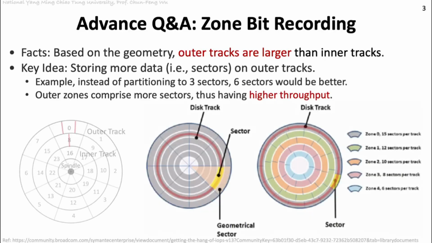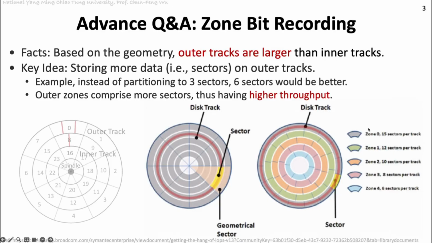The reason it is called zoned bit recording is that in this example, the middle circle means the traditional one. This is the disk track, and for each track there are sectors on it. But if we use zoned bit recording, then we partition the tracks into several zones. For the outer zones, we increase the density of the track.